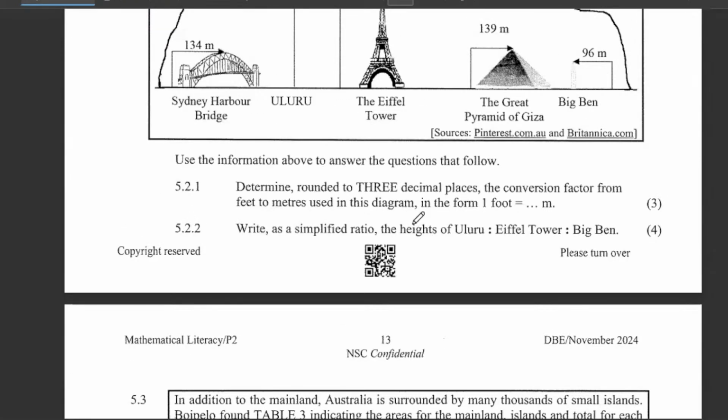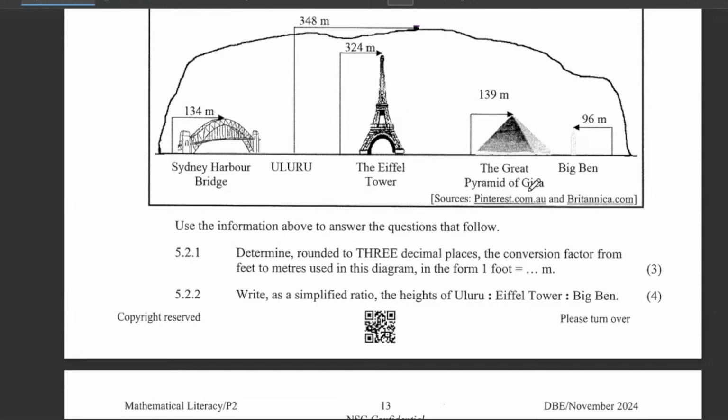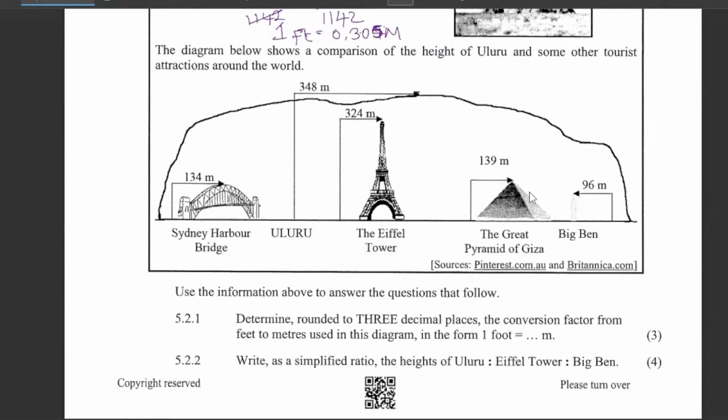Right, as a simplified ratio, the heights of Uluru, the Leaf Tower, and Big Ben in a ratio. So now, what is going to happen here is that, using your calculator, you can compare 2 of them.